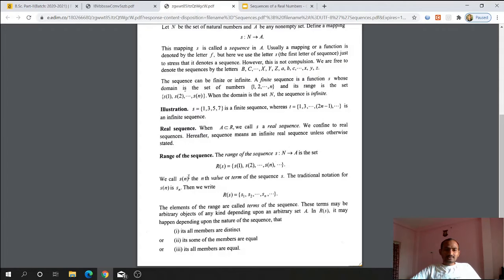This nth term S of n, in traditional notation we write as Sn, S suffix n. If we write S of n as Sn, then your R of S is the set in curly brackets S1, S2, and so on, Sn, and so on. So actually this is your sequence.